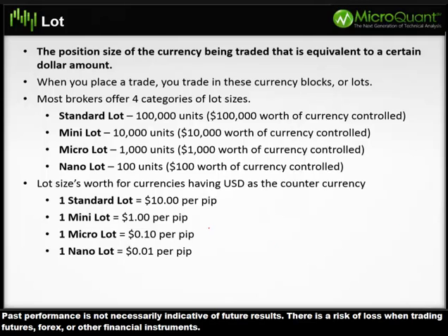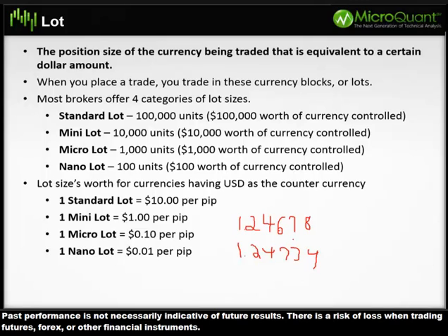So in other words, if you were to buy the euro dollar at 1.24678, and the euro rose from 1.24678 to 1.24734.